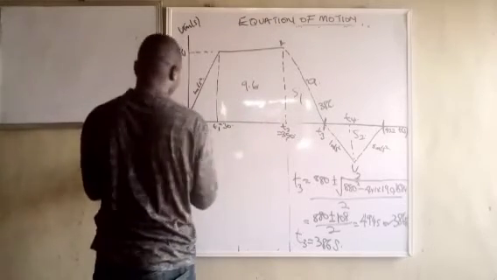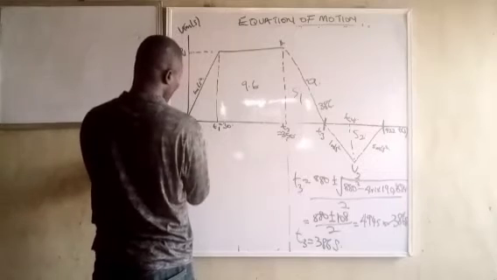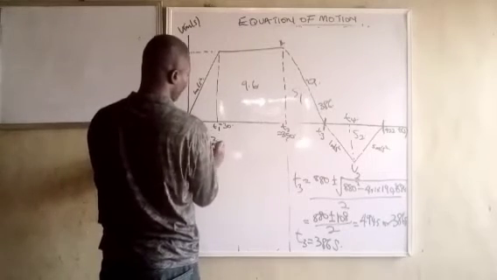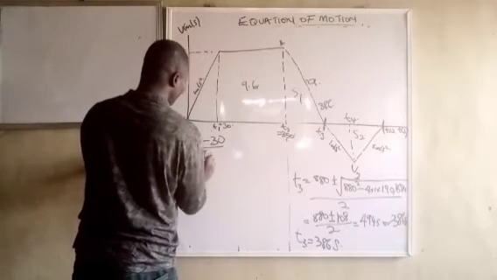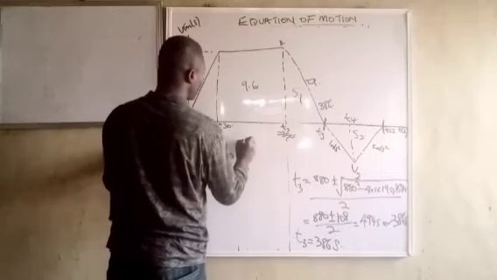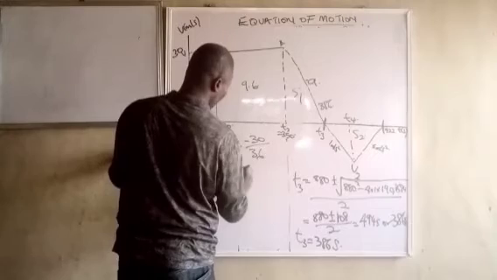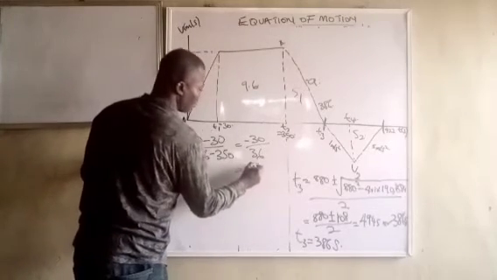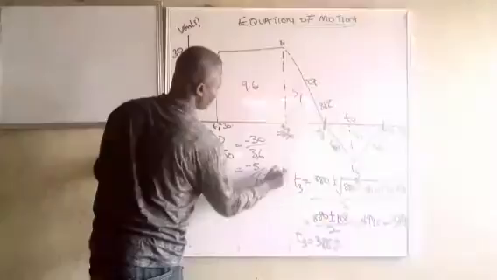So A will be equal to 0 minus 30, because that's the final velocity, over 386 minus 350, which is equal to minus 30 over 36, which is equal to minus 5 over 6 meters per second squared.